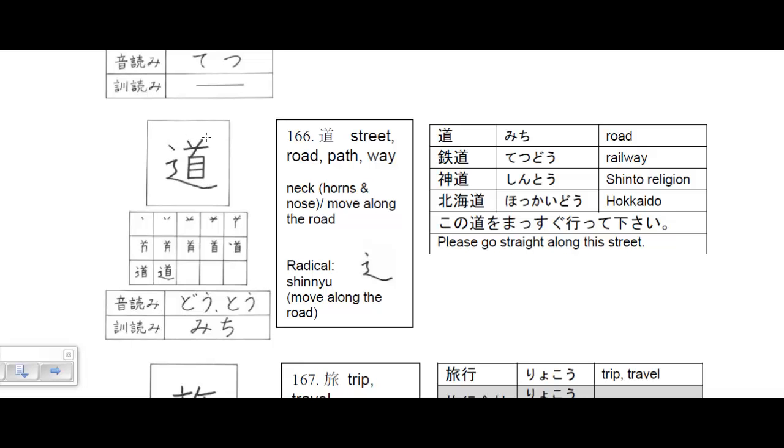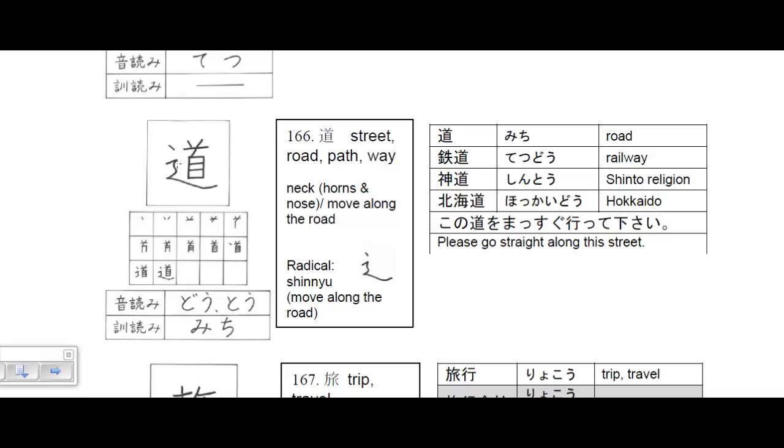You can see it's got animal horns on top, 1, 2, and you always draw a line under them, and underneath it's got this element here which is a little extra bit, and then an eye that's on its side. So that stands for the nose, because that's the bit between your eyes. So you've got animal horns on top and then a nose, and that equals your neck. I suppose your neck is between your animal horns, if you've got animal horns, and your eyes.